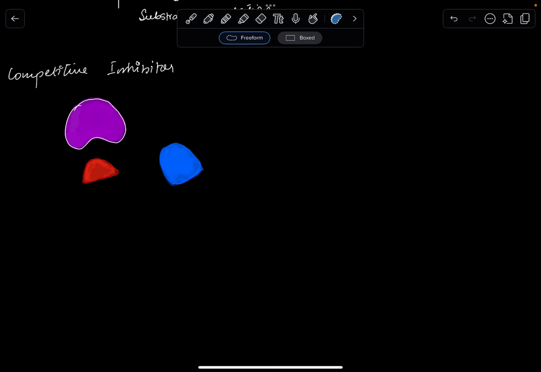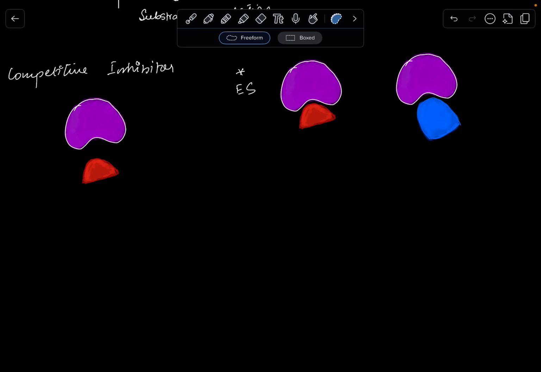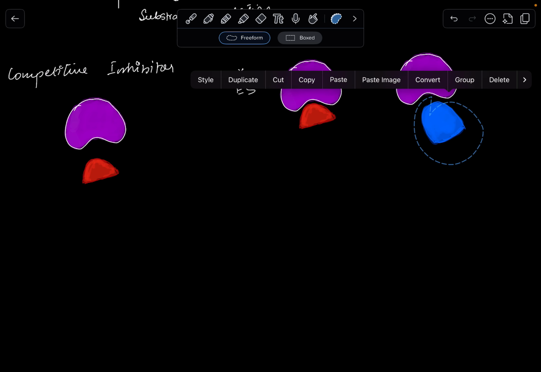Now you can see that the substrate can form this ES complex. I'll write a star on it to show that this is the desired one. And then it can also form this. Why can it form this? Because it fits the shape.